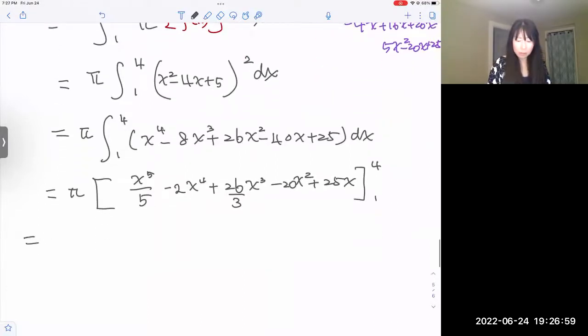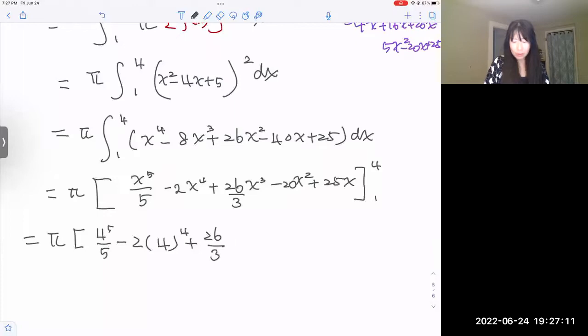Okay, so pi times 4 to the 5th power over 5, 4 to the 4th power, 26 over 3 times 4 to the 3rd power, 20 times 4 squared plus 25x.